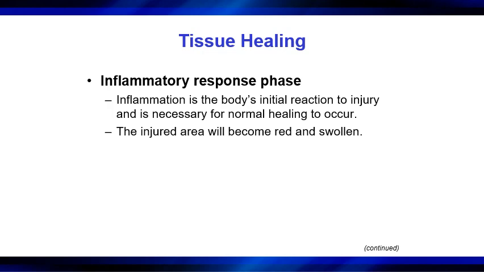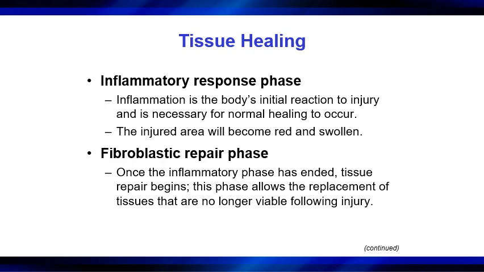On the sports medicine side of things, there are modalities that can be used to limit how much swelling will actually occur. The fibroblastic repair phase begins once the inflammation phase has ended. Now again, these phases do blend into one another.